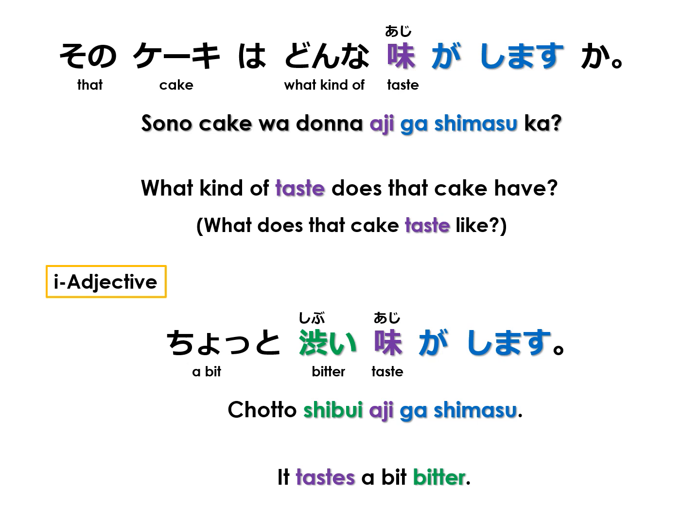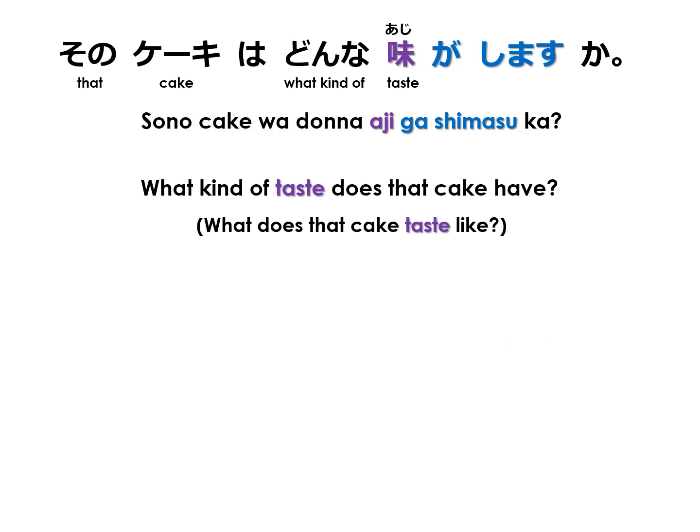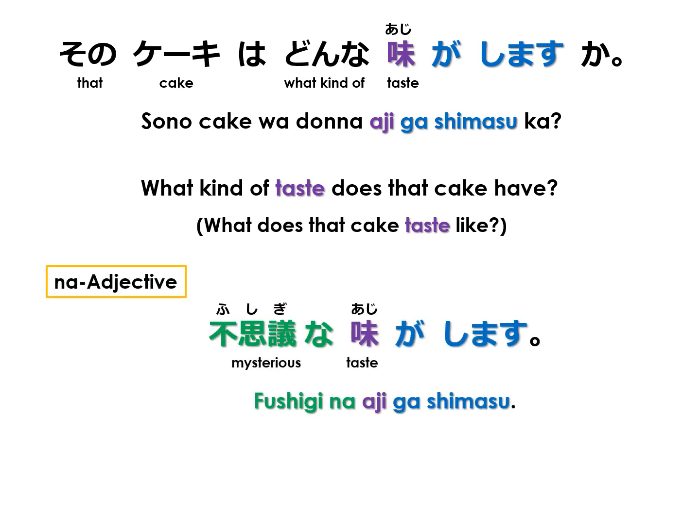Using an E adjective, we can say something like ちょっと渋い味がします. It tastes a bit bitter. Using a na adjective, we can say something like 不思議な味がします. It has a mysterious taste, or it tastes mysterious.